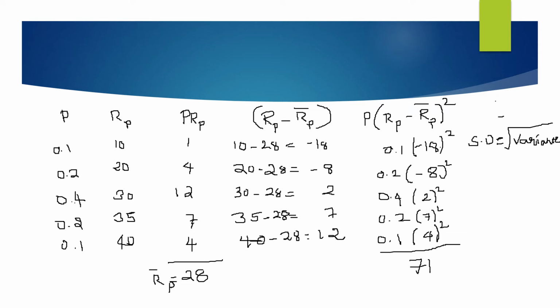The value we got is 71, so the root of 71 is approximately 8.43. So R bar P, the expected return, is 28, and standard deviation is root of variance, root of 71, which is 8.43. This is for stock P.